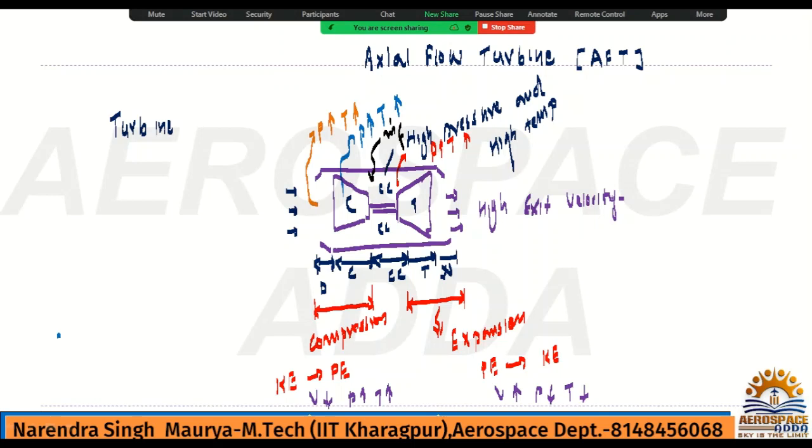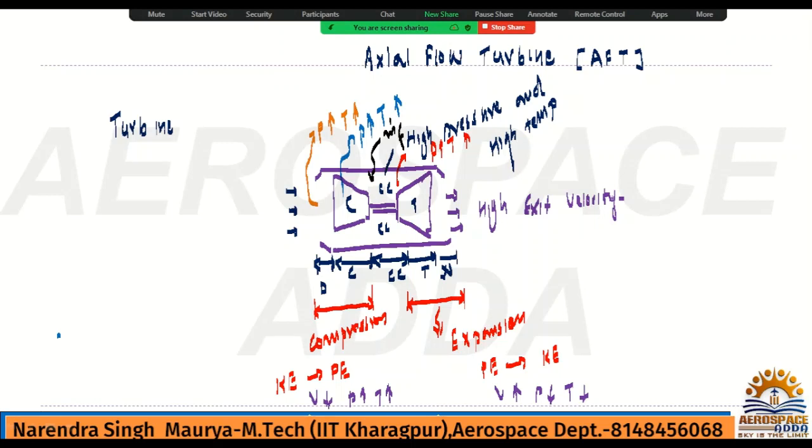Okay, but this expansion will start from the turbine itself. So that expansion will do things. One, velocity will be increasing, that is true. Another, this high pressure and high temperature combustion products will do work over the turbine blades. Once it does work over the turbine blades, then turbine blades will start rotating.